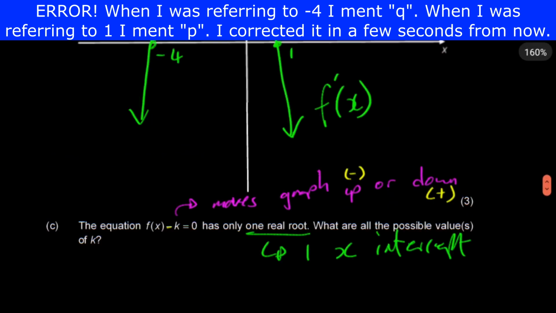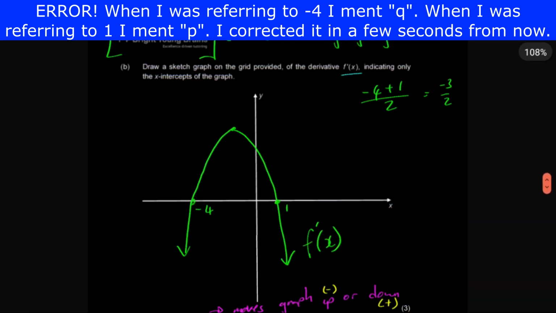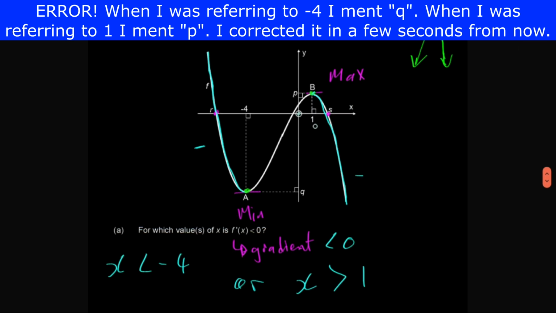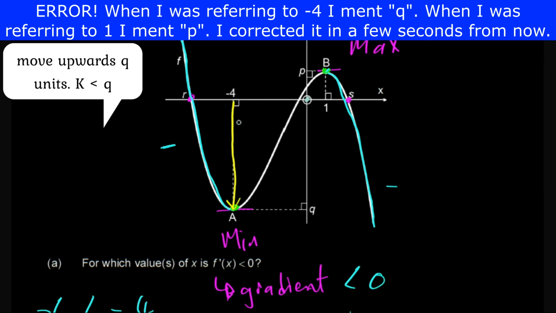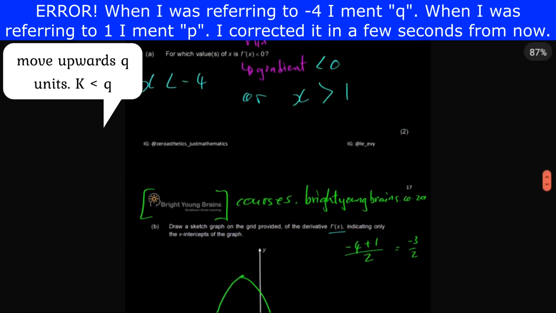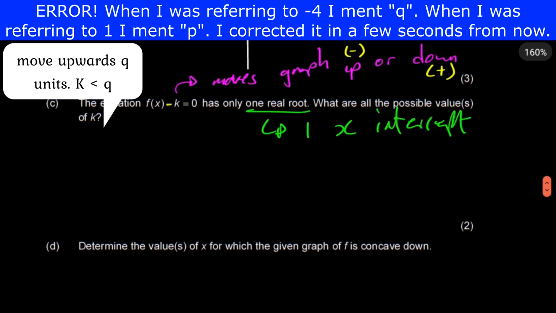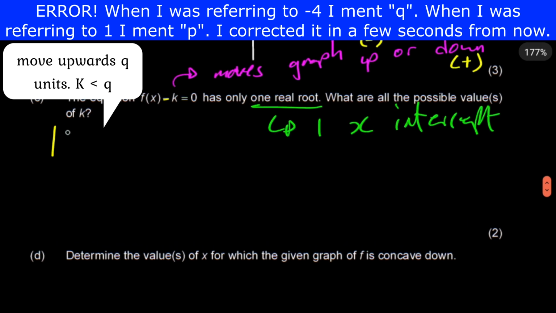So anyways, for this graph to have one real root, you have to remember that you're moving it upwards, right? You have to move it upwards more than 4 units up. So you're moving it 4 units up, you're going to say k needs to be smaller than -4.